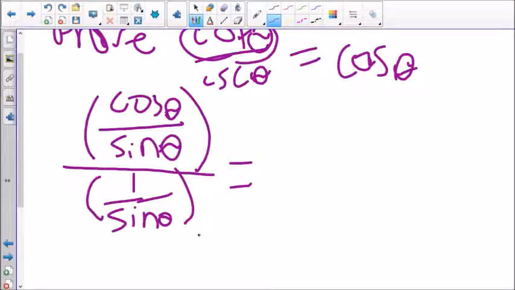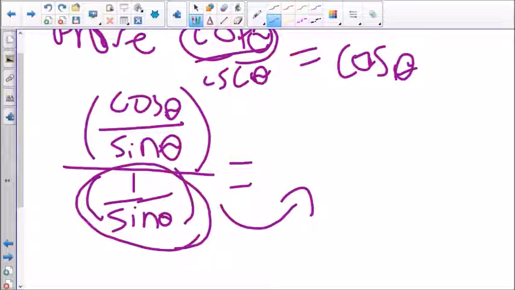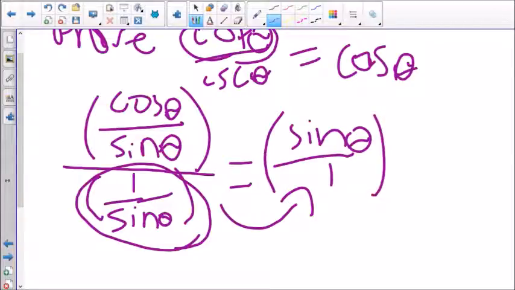You take the bottom piece of the fraction, so the entire denominator, you bring it to this side, and you flip it. You do the reciprocal. So instead of 1 over sine, it would be sine theta over 1, which would just be sine, but it's helpful to show the fractions.